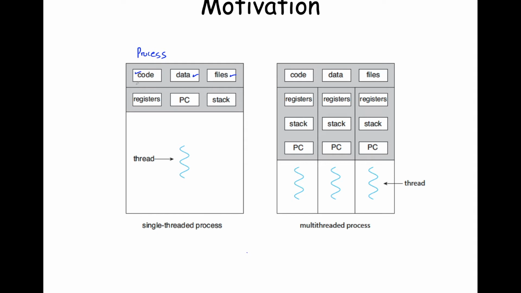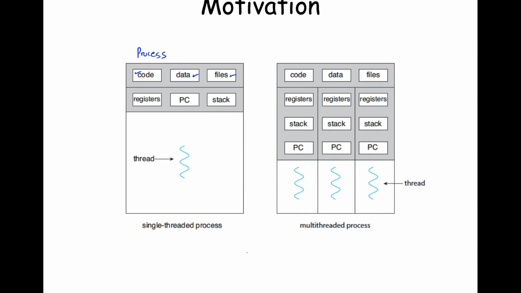Okay. You also have these other pieces: your register file, which contains temporary values, the program counter, which we said contains the address of the next executable instruction, and the stack, which is where your automatic storage occurs. Things like your parameters, your return values, and your local variables in your program are all automatically allocated by the stack.